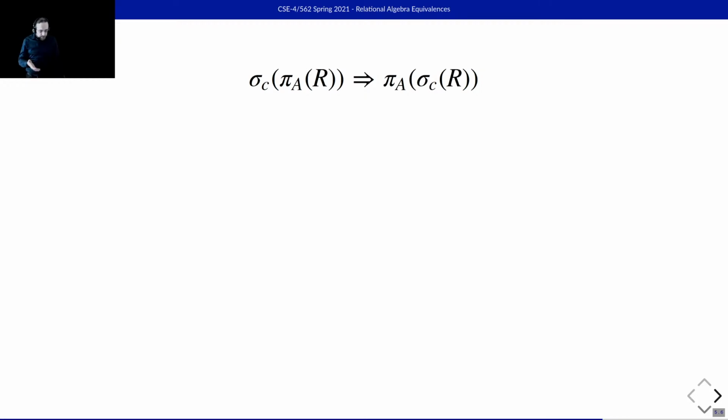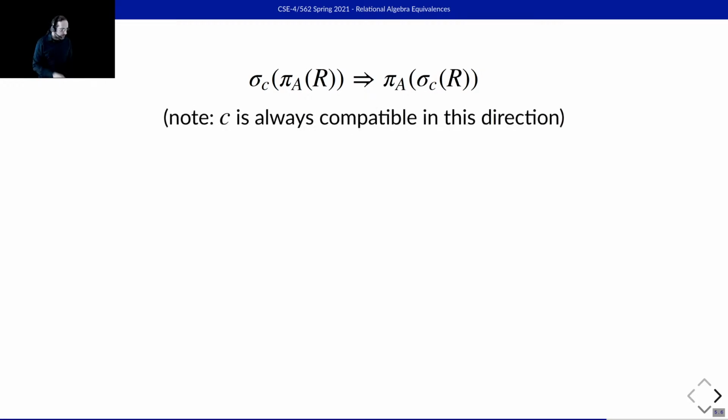Now, one of the rules that we said was always a good idea is to take a selection and push it down through the tree. One example of that is taking a selection and pushing it down through a projection. The same thing is going to hold for the other operators, but this one's nice and simple. And just in case anyone is concerned, when we're going in this direction, C is always compatible because we're pushing the selection down through the projection and not the other way around.